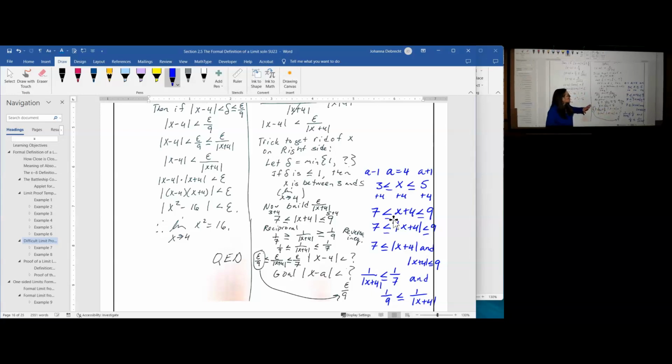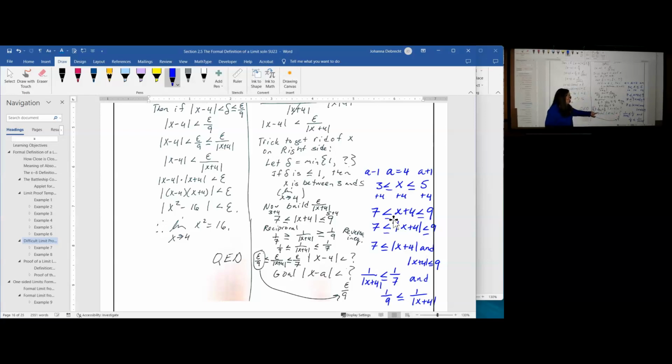I need to make sure that my value up here, of my epsilon over x plus 4, is less than some number. So what I'm going to choose is this smallest value here of epsilon over 9. I'm going to choose this epsilon over 9 to fit here.